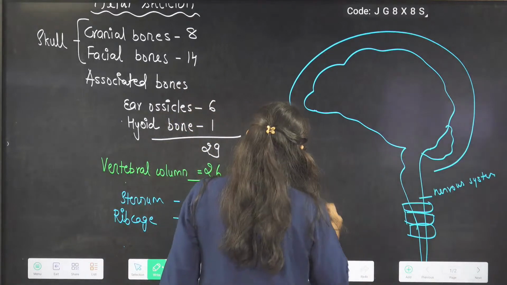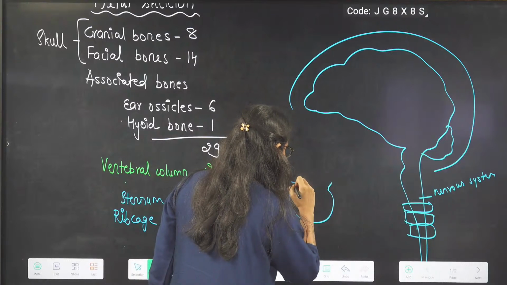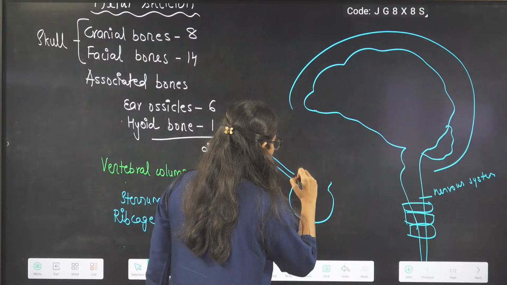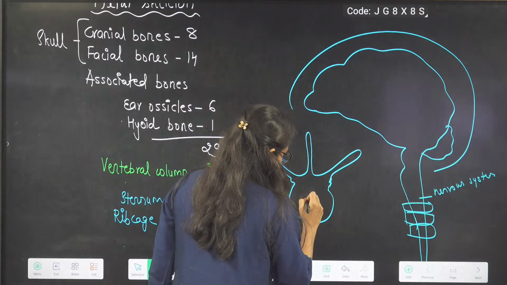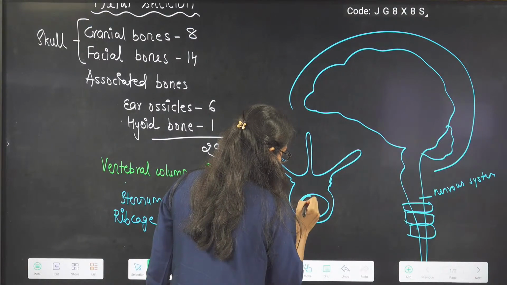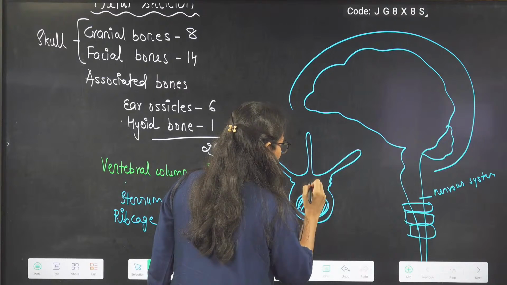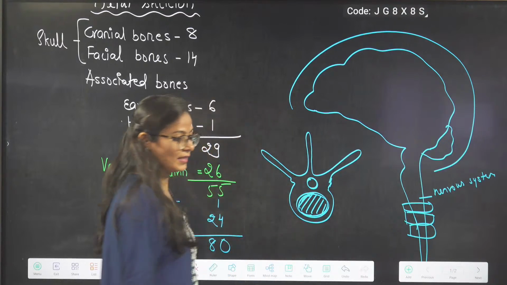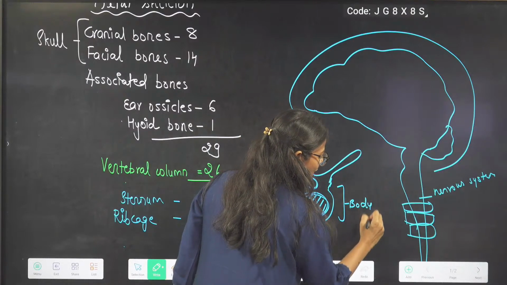I'll even show you the structure of a vertebra, a very simplified structure, not a detailed one, right? So they will have processes like this. This is called the body or the centrum of the vertebra.